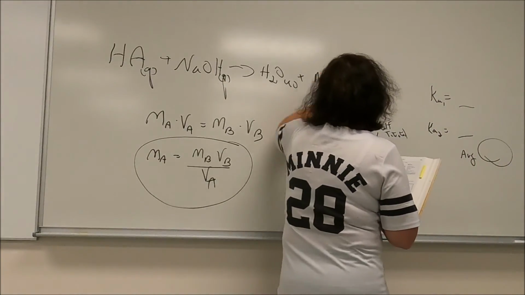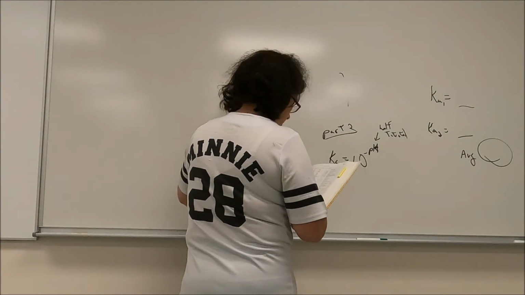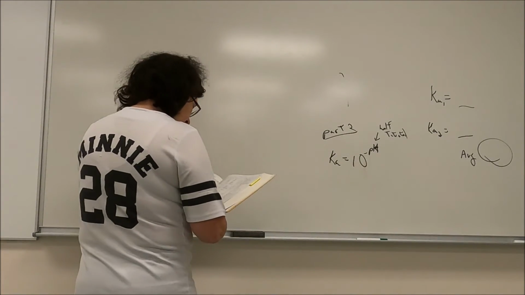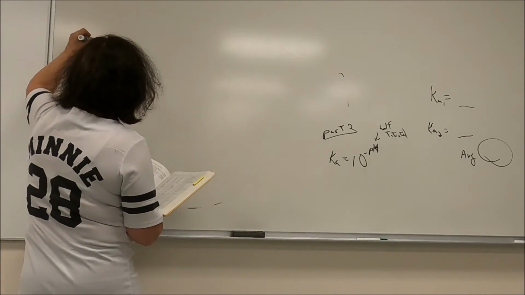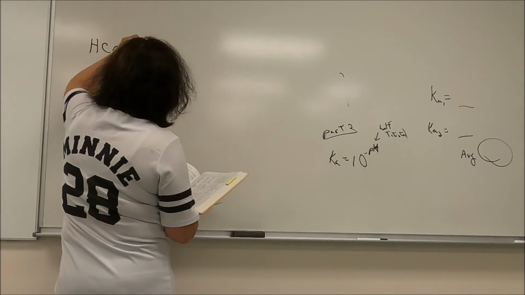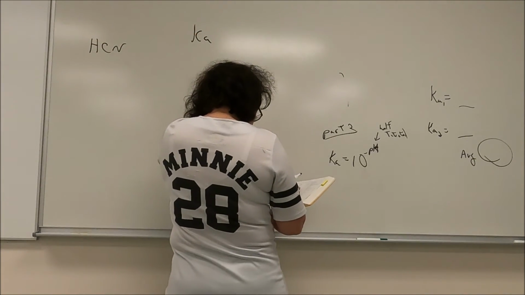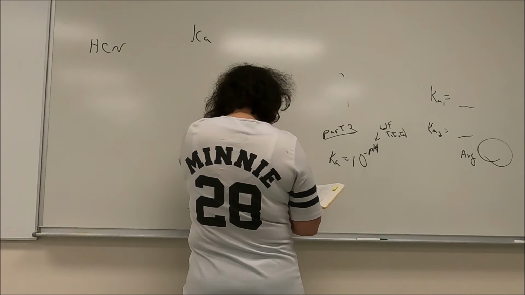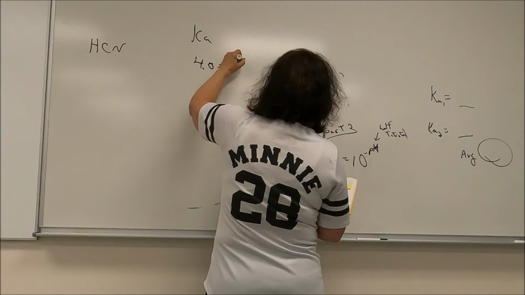It's going to be your job to identify them. You could have HCN. It has a Ka value of 4.0 times 10 to the minus 10.